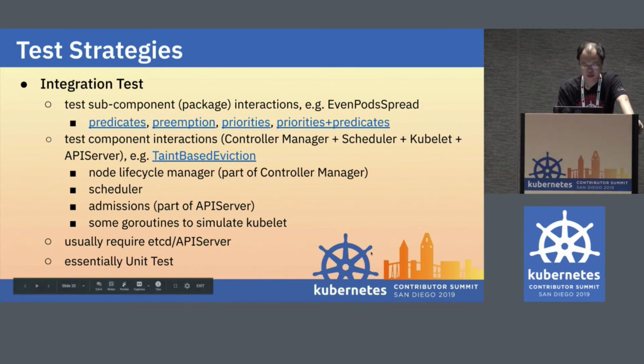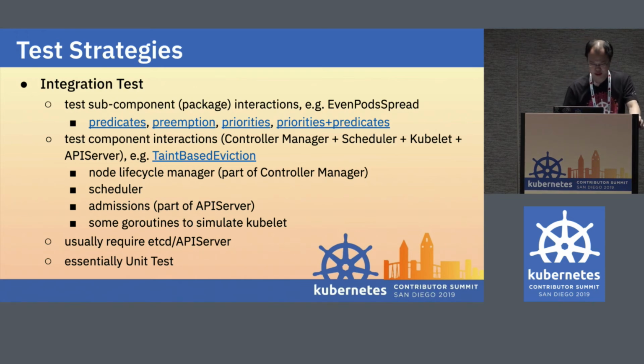And also, because an integration test doesn't come up with a kubelet, if you want to really simulate a kubelet, maybe you have to run some Go routines to report heartbeat back to the API server to make sure the node object is really ready. Otherwise, it's just a fake API resource there, the node API resource. All right.